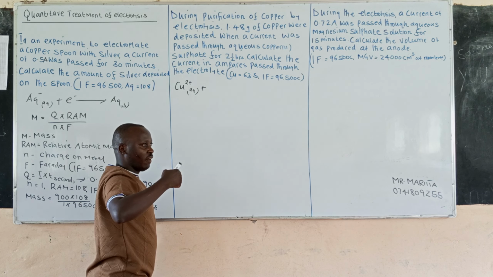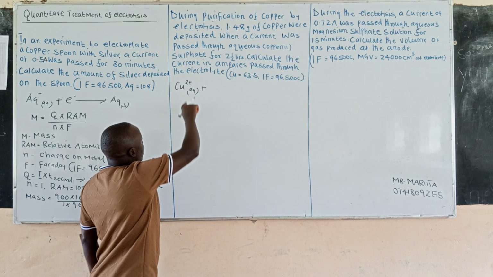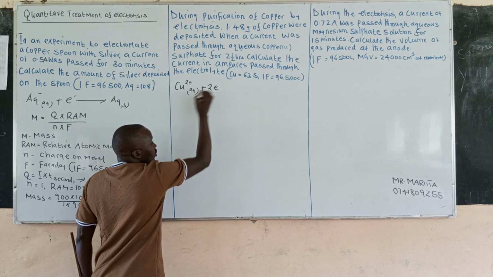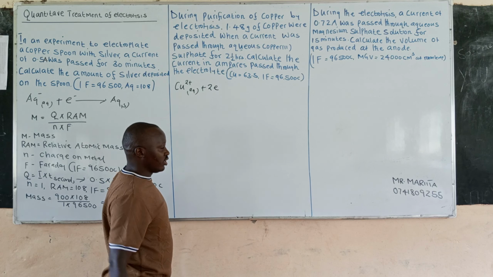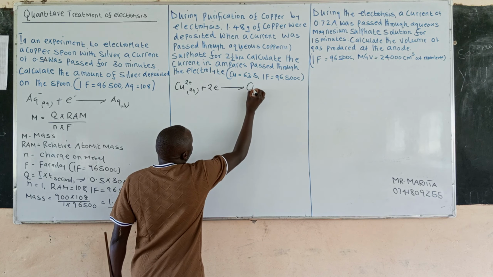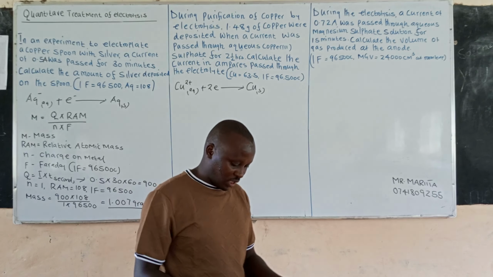This is a reduction, the gain of electrons, and then we have copper metal which is being deposited.